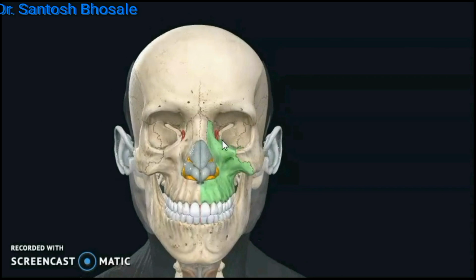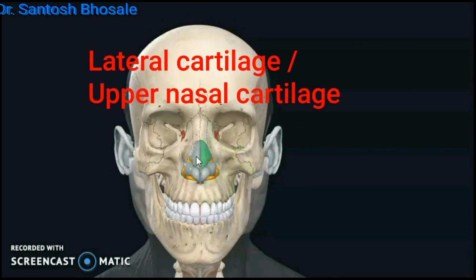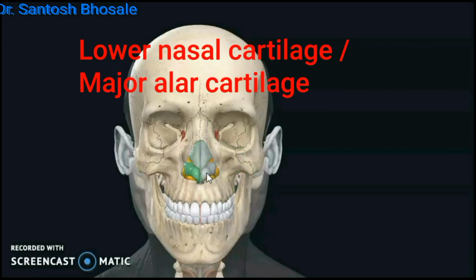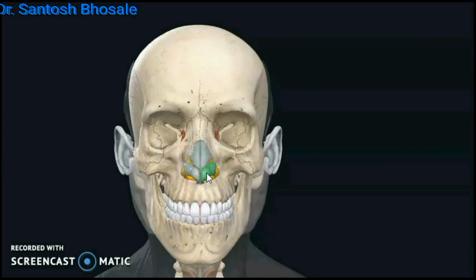And you can see from the orbit the upper part of the nasolacrimal duct, and the cartilaginous framework is formed by the lateral cartilage and lower nasal cartilage, that is the major alar cartilages. And you can also see on the side the minor alar cartilage.